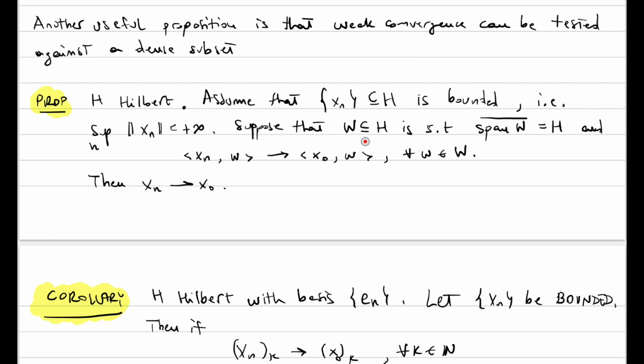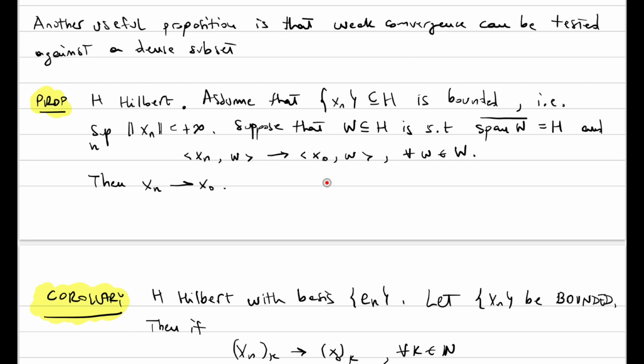Suppose you have a subset W of H such that the span of W is dense in H, meaning that its closure with respect to the norm is equal to the whole space. Also suppose that the inner product of Xn with w converges to the inner product of X0 with w for all w in W, for some X0 which exists. Then one can see that Xn converges weakly to X0.